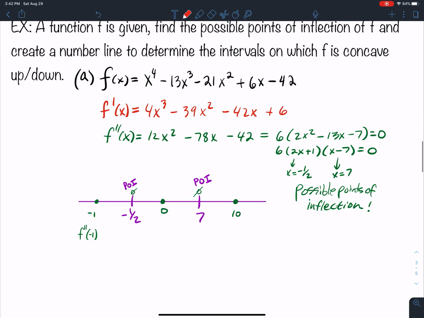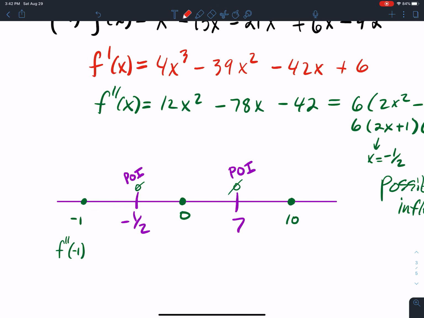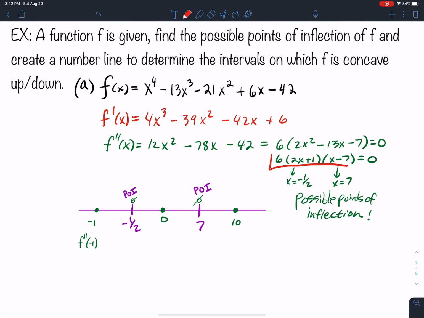So I'm going to plug negative 1 into my second derivative here. Now, I'm going to look at the factored form. That's going to make it easier whenever I'm plugging in numbers because all I care about is is it positive, is it negative, is it 0? So if I plug in a negative 1, I'm going to get 6, but I'm also going to get 2 times negative 1 plus 1, and then negative 1 minus 7.